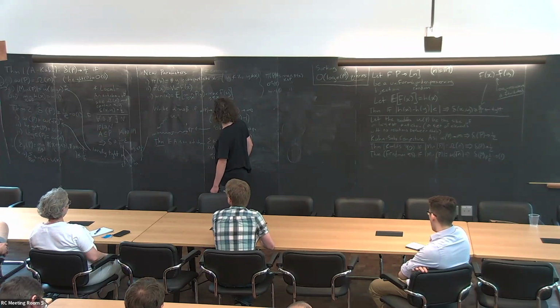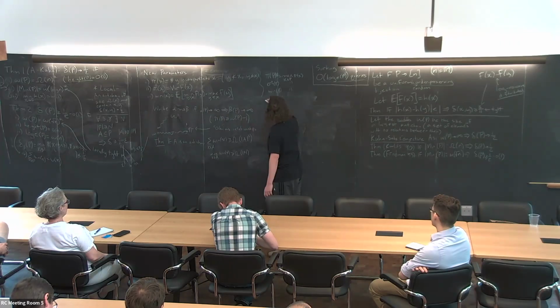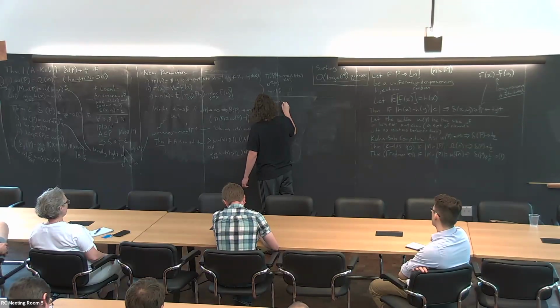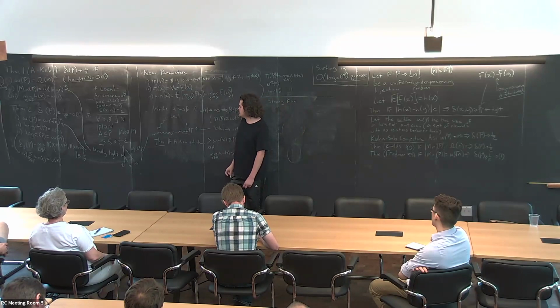Okay, so what do we know? Well, our next conjecture: we believe that this going to infinity is enough to guarantee delta going to 1/2.